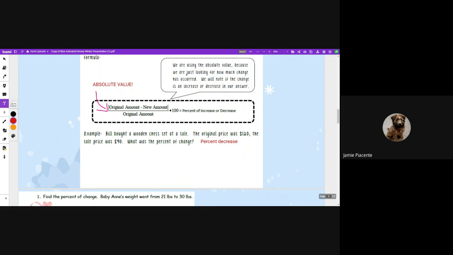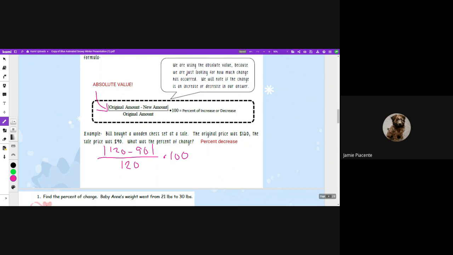Now let's do this formula here. My original price was $120 minus my new amount is $90, all over my original again, $120, times 100. So let's do this. 120 minus 90 gives me a positive 30.